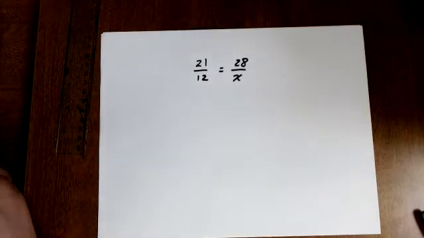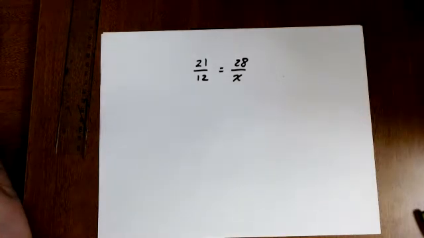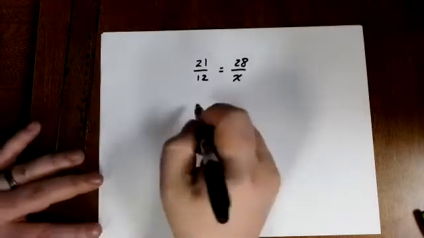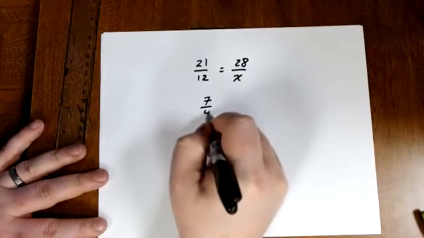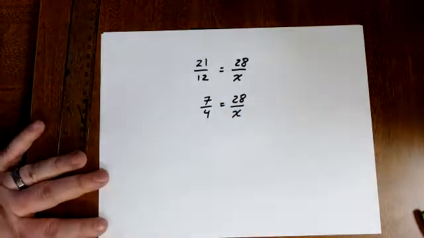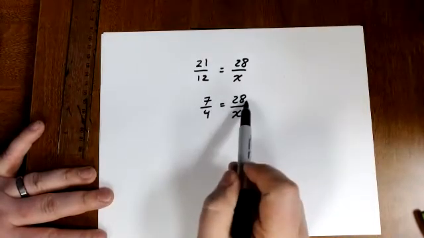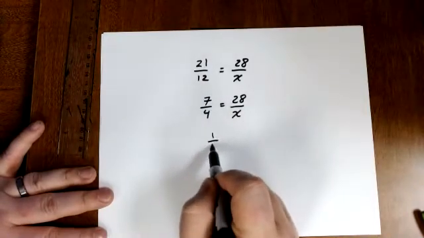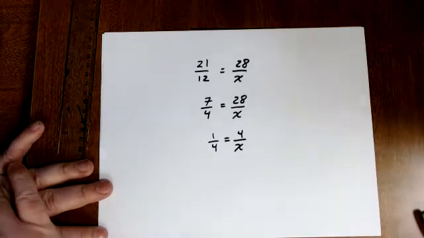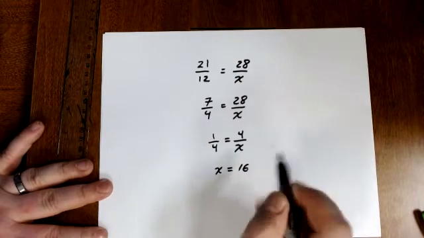And so 21 over 12, when I reduce that fraction, what does it turn into? Seven over 4. Yep. And now if you look across, you'll see that these are both divisible by 7. And now when you cross multiply, you're done.